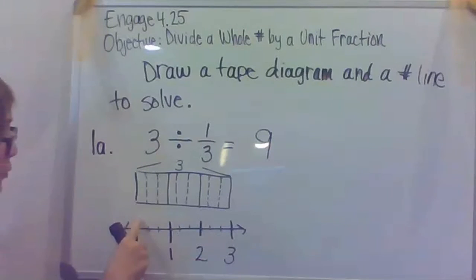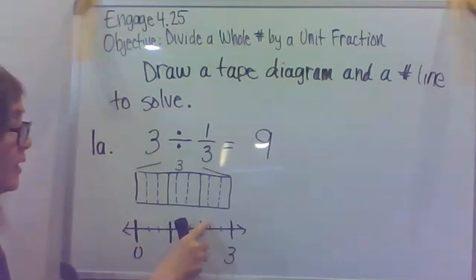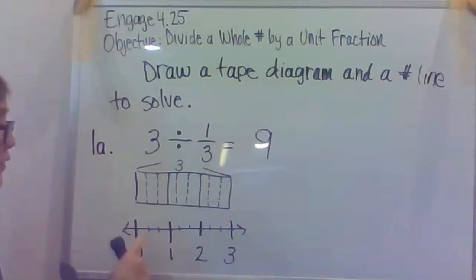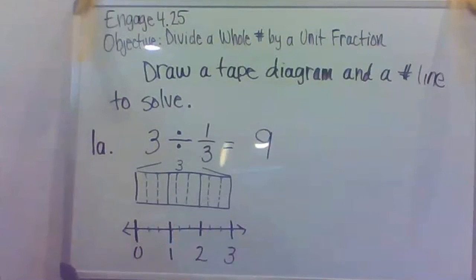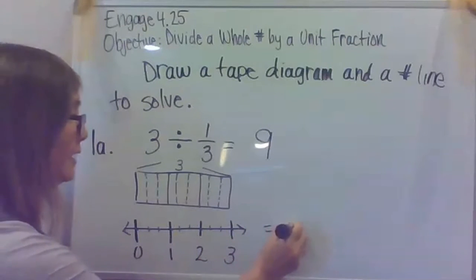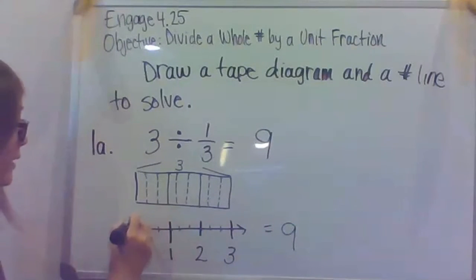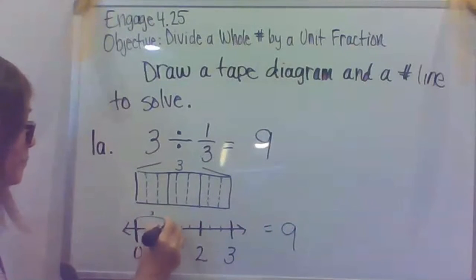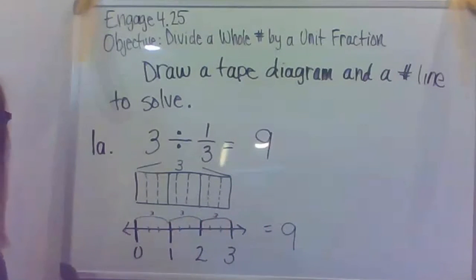Can you see in here there's 1, 2, 3 little thirds? 1, 2, 3 little thirds? And 1, 2, 3 little thirds? So how many thirds do I have in 3 whole units? I had, again, 9 little thirds, because there's 3 right here, 3 right there, and 3 right there.